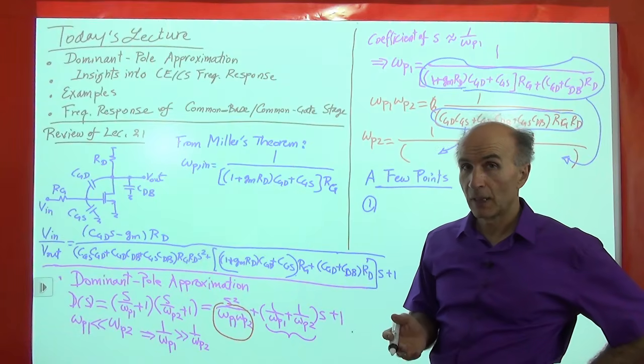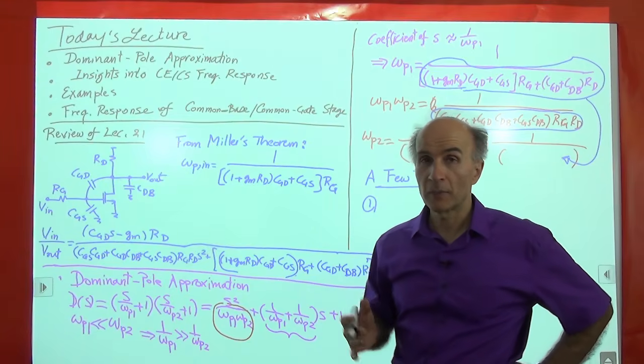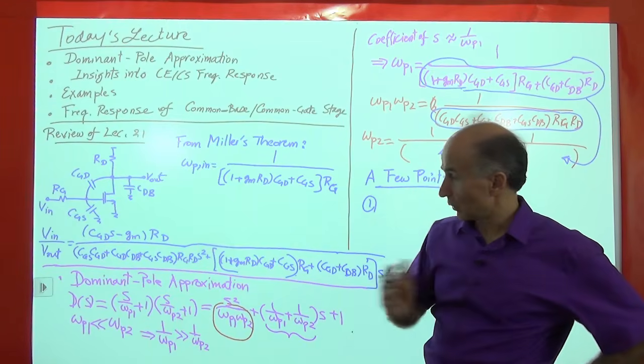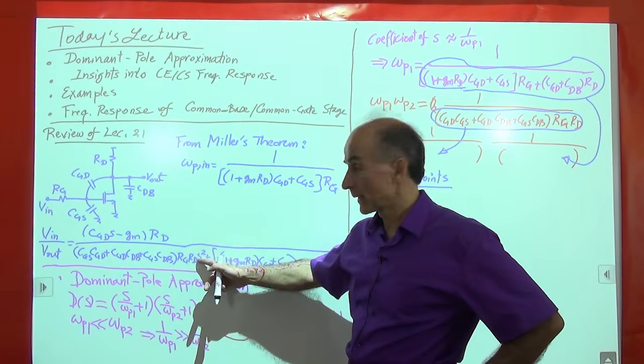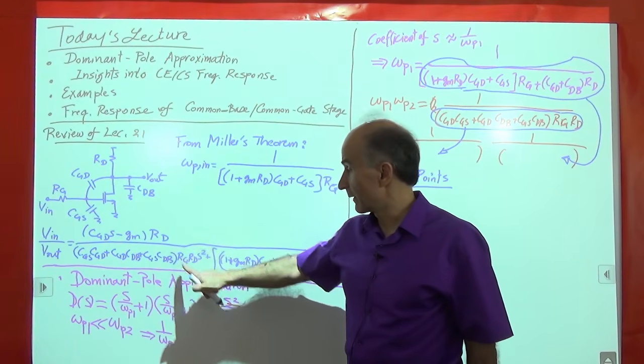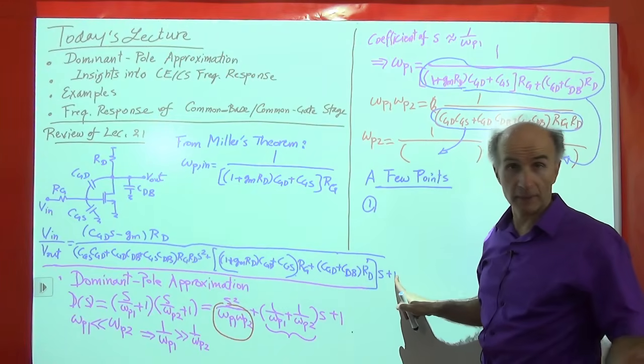For example, let's assume S is 0. If S is 0, it means that we are working at very, very low frequencies. So if S is 0, what do we get here? We see that this goes away, we have minus GMRD, and then in the denominator, we have 0 here, 0 here, and 1. So that makes perfect sense.